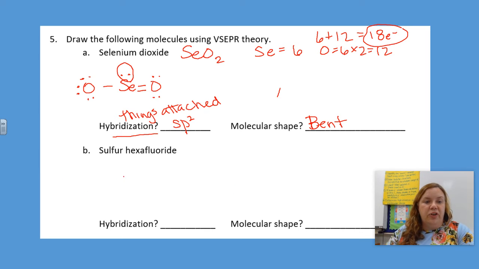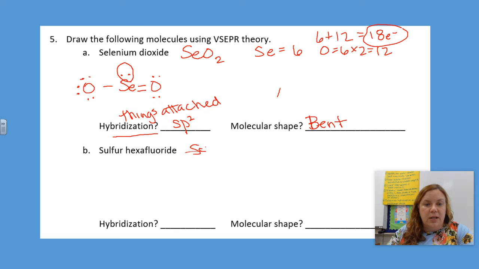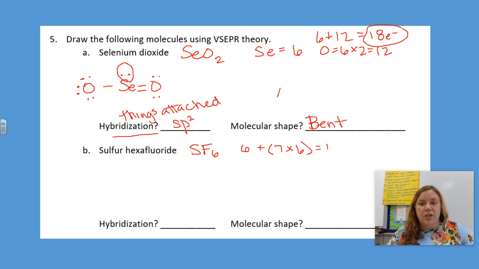All right, sulfur hexafluoride. So sulfur and then hexafluoride. Hexa is 6. So how many valence electrons for sulfur? 6. Fluorine has 7 valence electrons, and there are 6 of them. So our total is 48 electrons.